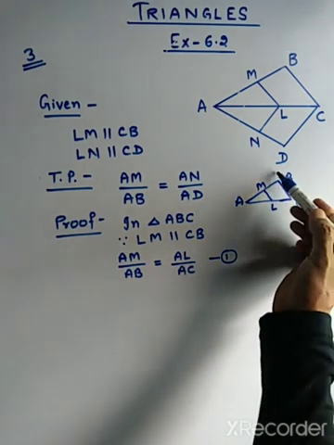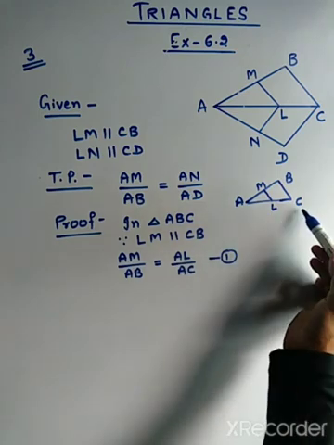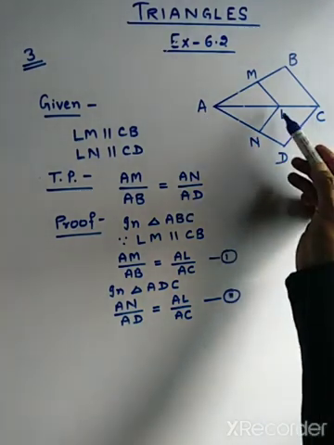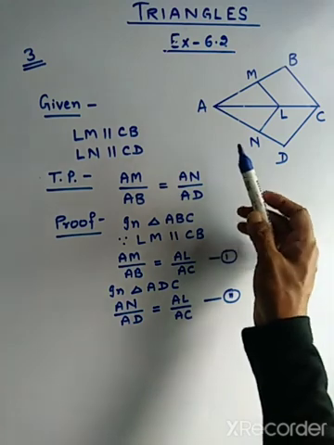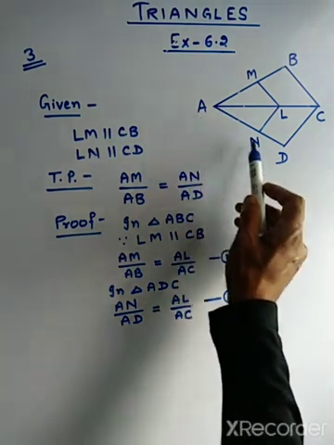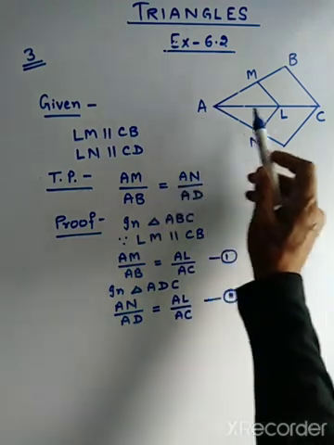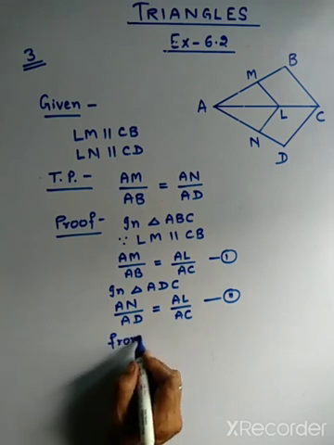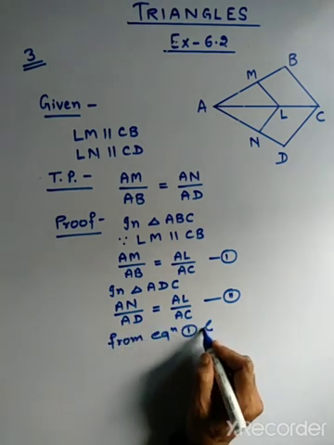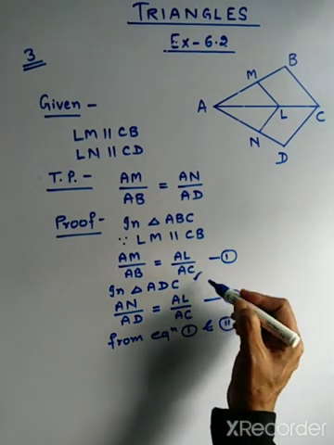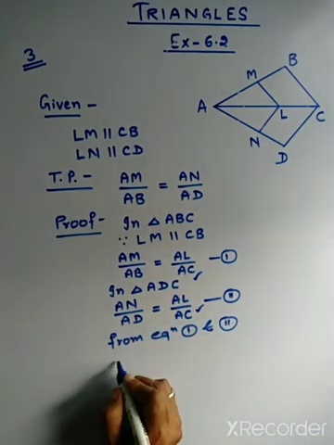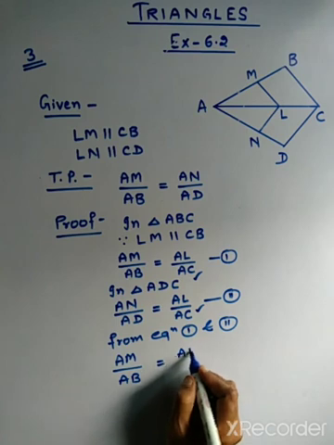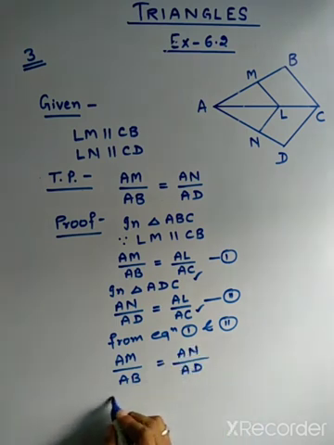AM upon AB equals AL upon AC. Again in triangle ADC, LN is parallel to CD. So using basic proportionality theorem corollary, AN upon AD equals AL upon AC. So now from equation 1 and equation 2, you can see right hand side is same. So left hand side, that is AM upon AB equals AN upon AD. This we have to prove.